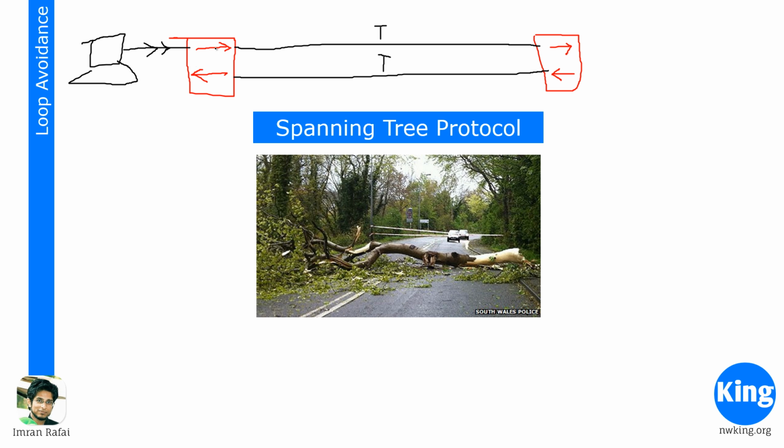That means it will send the traffic here and here. Now when this device gets this broadcast, it takes it and sends it out on this port. It's a broadcast. That switch doesn't know that the broadcast is coming from the same switch, but for that switch, it is another port, so it's going to send it out here.